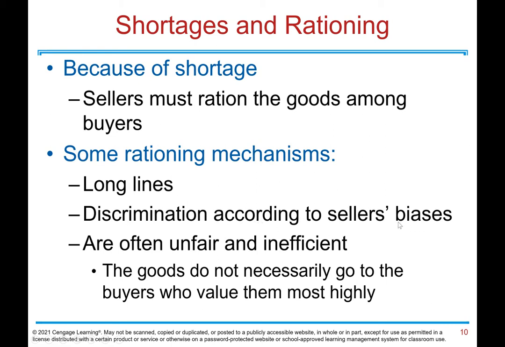You've got a lot of people wanting these houses, so sellers are able to discriminate, which is often unfair and inefficient. The goods do not necessarily go to the buyers who value them most highly. So that means price control is not a good idea in this case.